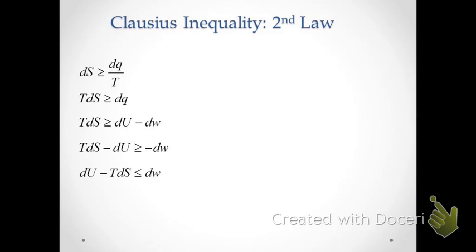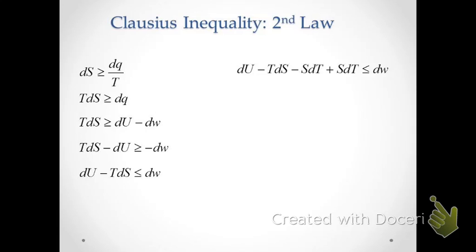And now if we actually change the signs on all the terms here, we'll note that the inequality changes from the greater than or equal to the less than or equal to expression. It's important to note that.